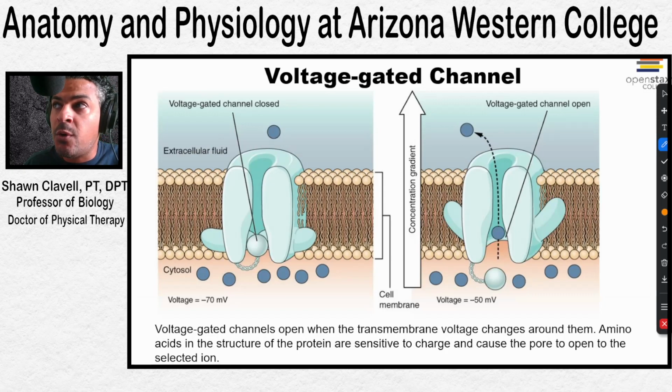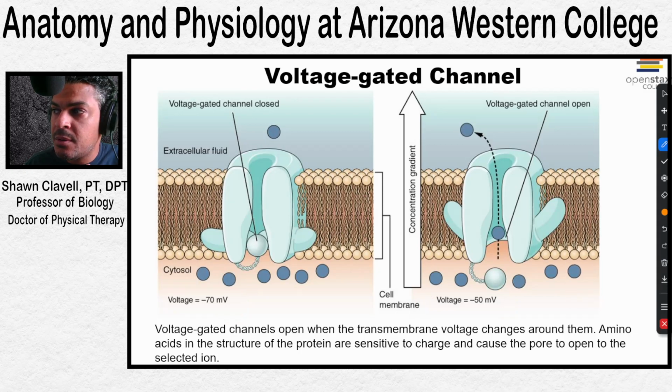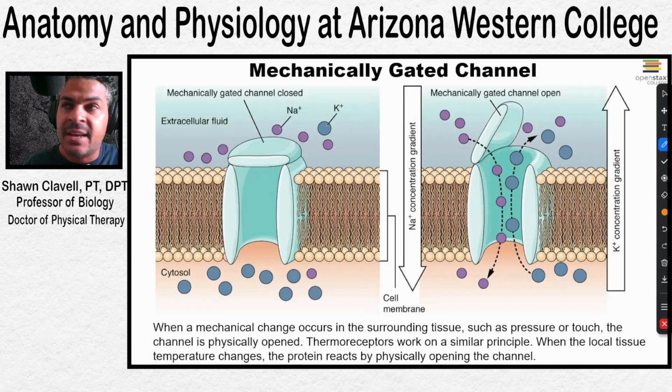You can have voltage gated channels. These respond to the membrane potential. So if that membrane potential changes, these voltage gated channels start to open in response. Then there are mechanically gated channels.